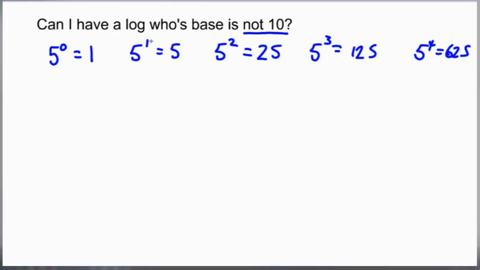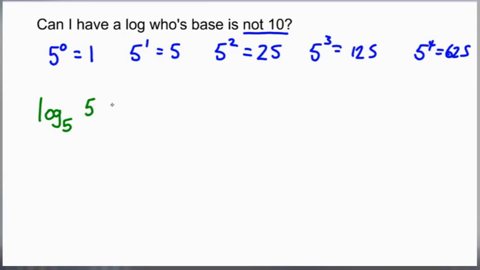So what if I want to write the log of something? Let's say I want to know the answer for log base 5. When you have a base of 5, we put a little subscript 5 here, and this tells us what base we're dealing with. So what is the log base 5 of 5?